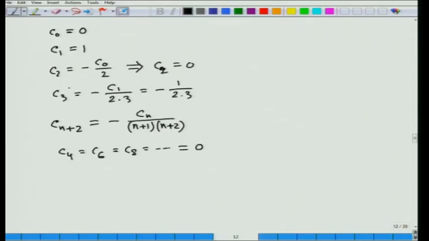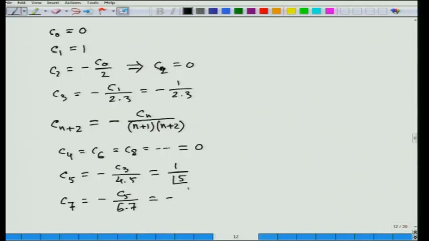We have already obtained C 3, then C 5 is going to be minus C 3 divided by 4 into 5. So, after substituting the expression minus 1 by 2 into 3, we can write this is equal to 1 by factorial 5, then C 7 will be minus C 5 divided by 6 into 7.